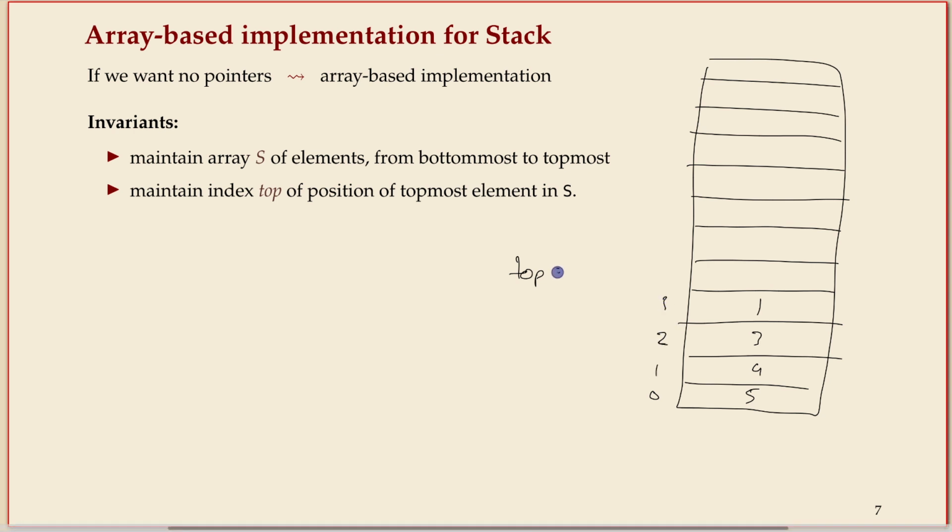And then top just stores the index of the topmost element in the stack. And you can implement the other operations similarly. If you want to push something, you write it to the next free cell and increment top. If you want to pop, you just decrement top. So that's all relatively easy.